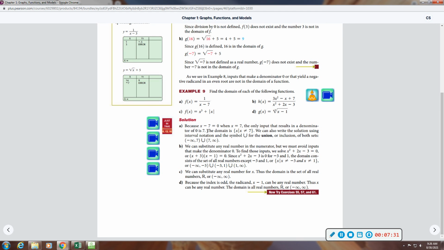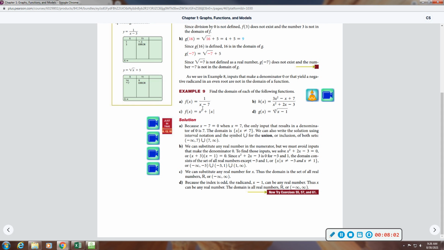If you have a break in your sets, they connect them using this U symbol, no tail. It's called the union or inclusion of both sets. So you have one on the left, one on the right. Just for example, A: we can't divide by 0, and the number that would cause this to be 0 is a 7. If you plug in the 7 here, you would be dividing by 0, and this wouldn't work.